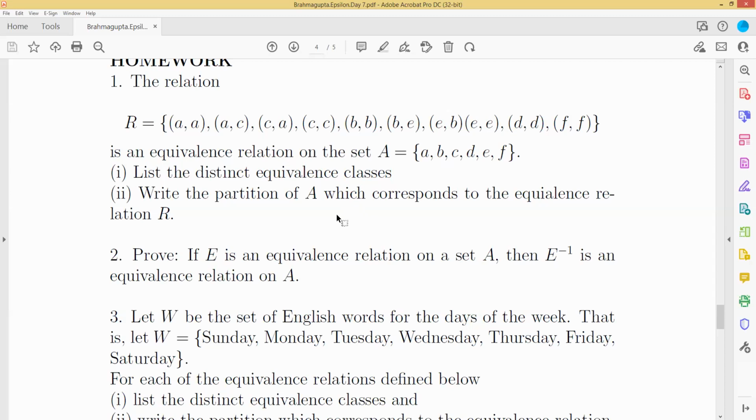You can write A as this: A, comma C, union B, comma E. Let me see if I can go back and forth from this screen to this screen.